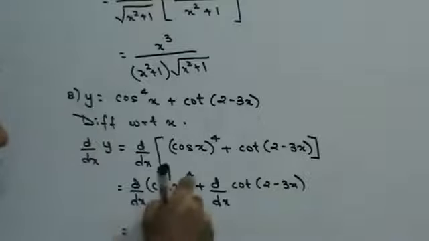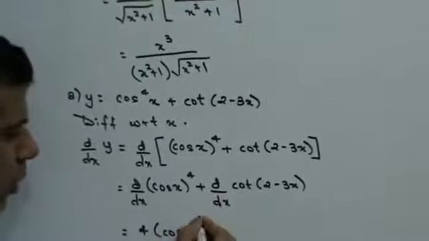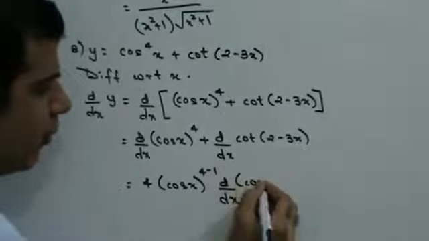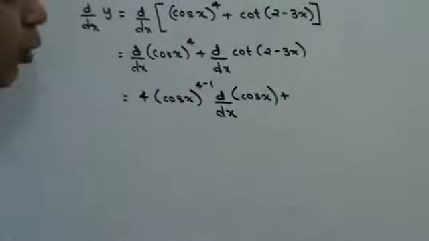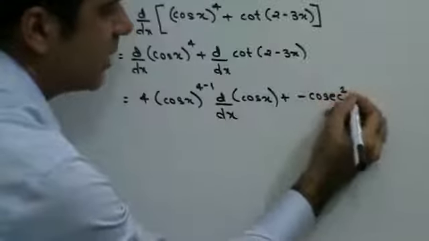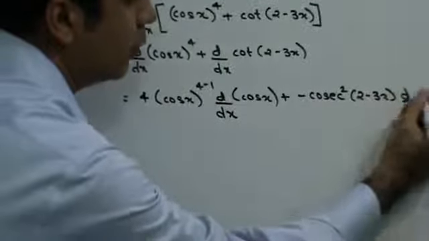Use the formula u raised to n, n u raised to n minus 1 d by dx of u, right, plus cot u is minus cosec square u d by dx of u.